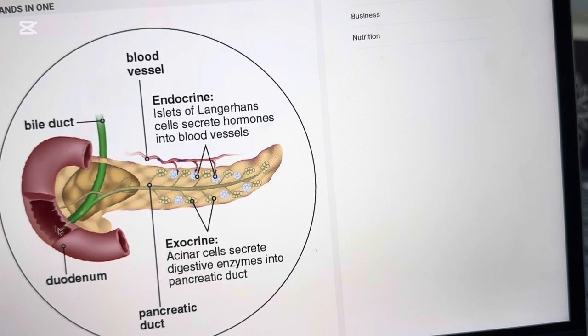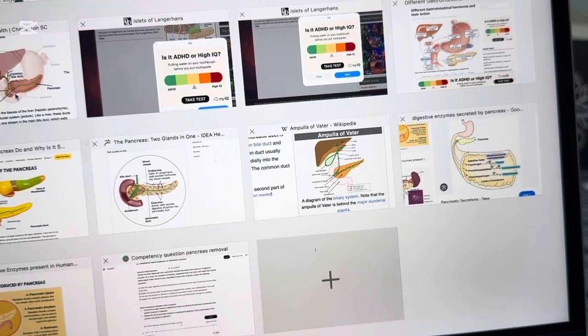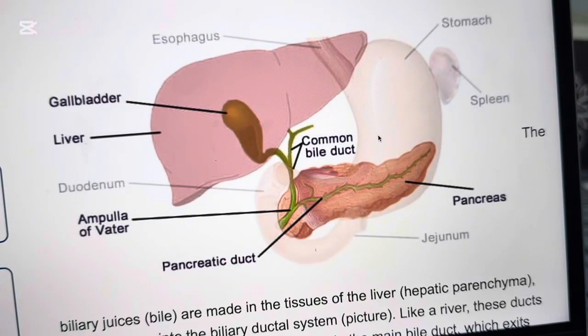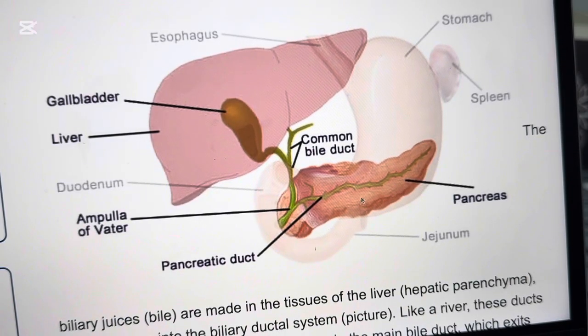This sodium bicarbonate will neutralize the acidity coming from the stomach. So the food coming from the stomach, which we call chyme, will be neutralized by the sodium bicarbonate. And the primary source of sodium bicarbonate is the pancreas. Remember that, okay?